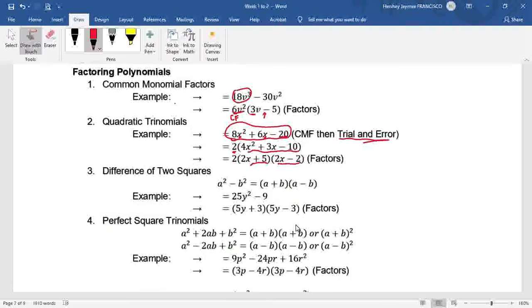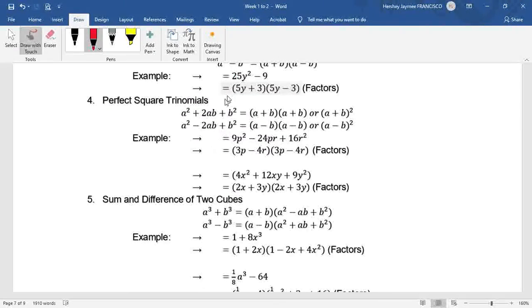Example, if you have 25y squared minus 9, so you can extract 25 with its square root, which is 5, and the square root of y squared is y. The square root of 9 is 3. Uulitin mo lang sila, ilalagay mo sa parenthesis, and then, ang kanilang operation, yung una is addition, yung pangalawa is subtraction. Pwede mo rin naman siyang isulat the other way.